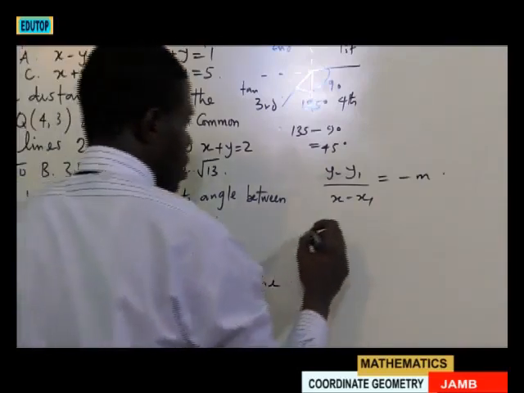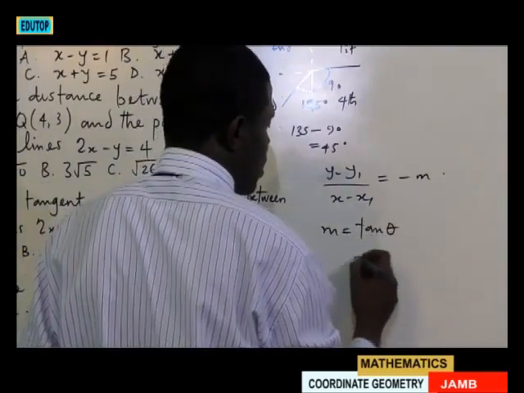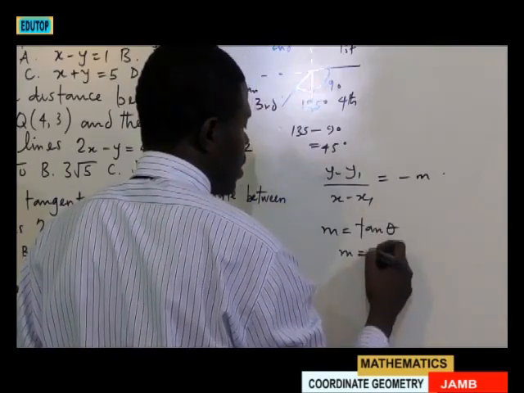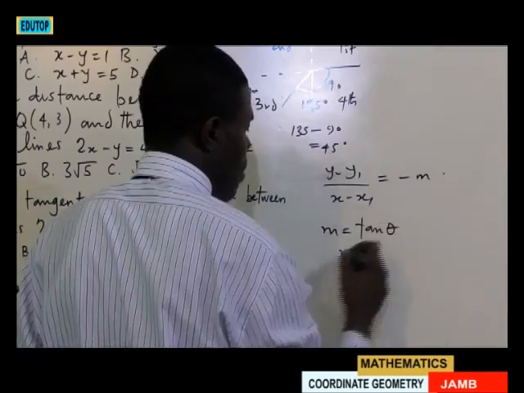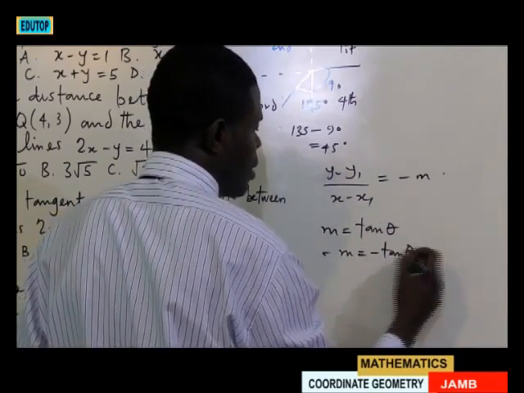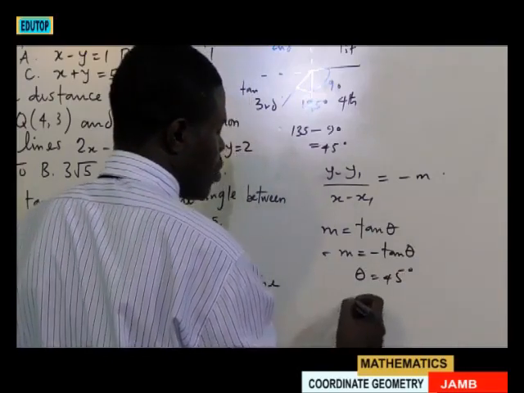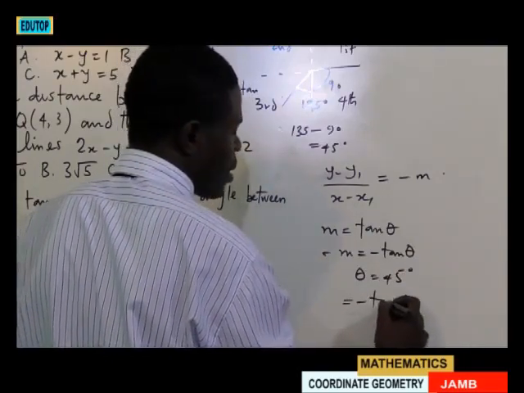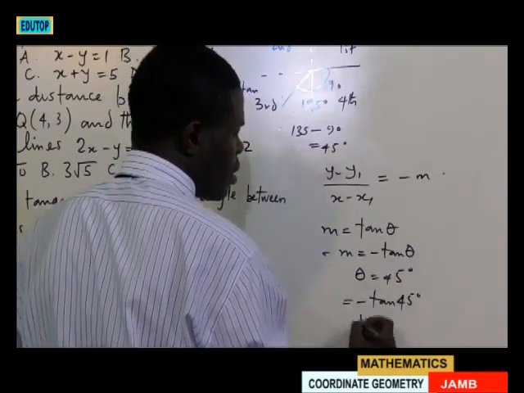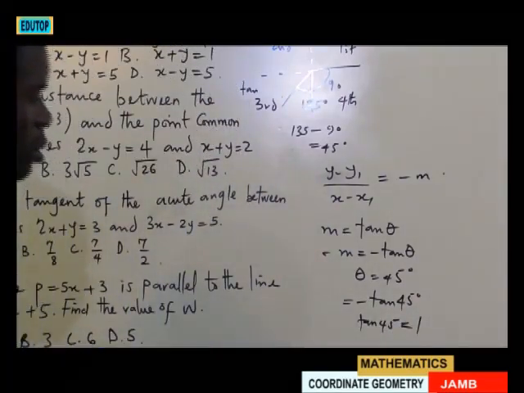And our m is tan theta. In this respect, our minus m will now be minus tan theta. And since our theta here is 45 degrees, it will be equal to minus tan 45 degrees. And by special angle, tan 45 degrees is 1.